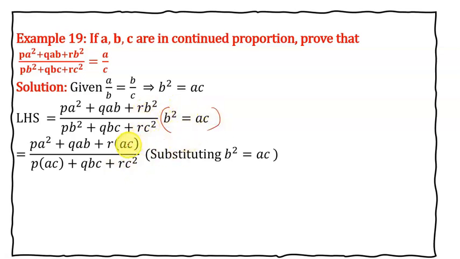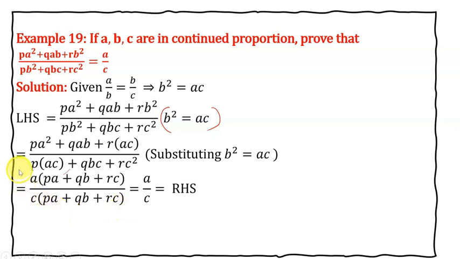If you substitute here b square as ac, from the numerator and the denominator, take a as common. Then you get (pa plus qb plus rc) upon (pa plus qb plus rc), these two get cancelled. Then you will have a upon c, and that's equal to RHS, and hence it is proved.